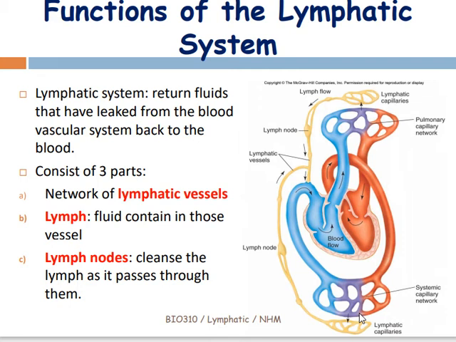Meanwhile, the carbon dioxide will diffuse into the capillary network, and then it goes to the venules, which carry the deoxygenated blood, and then the deoxygenated blood goes back to the right side of the heart through the vena cava, and then the heart will pump the blood back to the lung through the pulmonary artery.